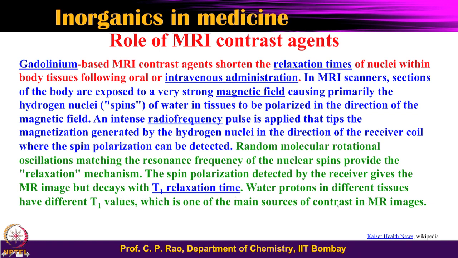The water protons in different tissues, tissue in the healthy region, tissue where there is a lesion, tissue where there is damage, tissue that has deteriorated, all these have different T1 values, which is one of the main sources for contrast.